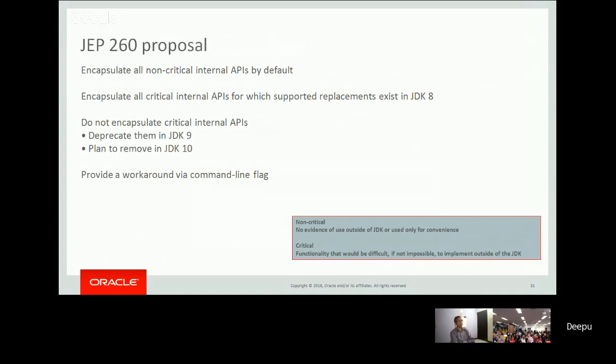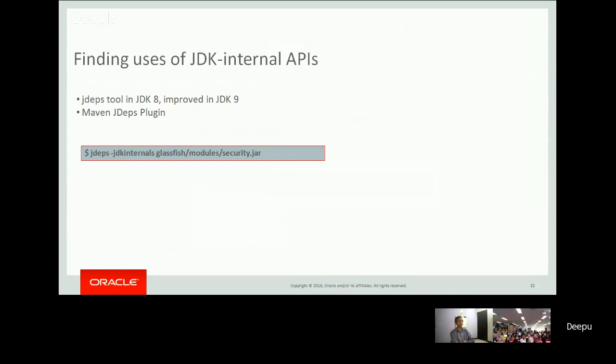But if it is not given in Java 8, and there is no alternate proper solution, we will be deprecating them in Java 9 and removing them in Java 10. In the meanwhile, we'll get a solution for that. If you want to control that, you have a command line flag to control your exports, so that you can make sure it will work on Java 9. This is one thing you should really be looking for.